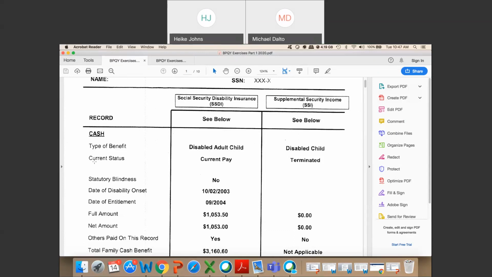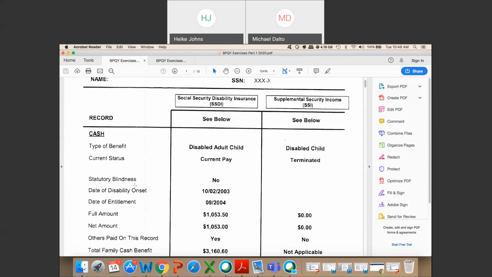But under current status, the next line down for cash benefit, you'll see the disabled adult child benefit is in current pay status. That means this person is getting monthly payments of disabled adult child, also known as childhood disability benefits. But in the SSI column, the current status is terminated. So this person was getting disabled child benefits from SSI, but those benefits have been terminated. They're not getting them anymore.